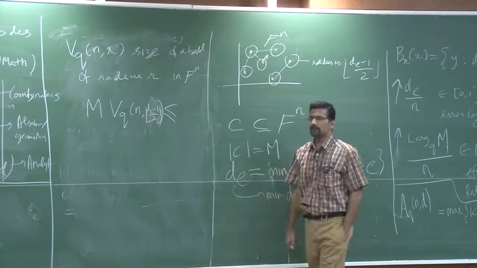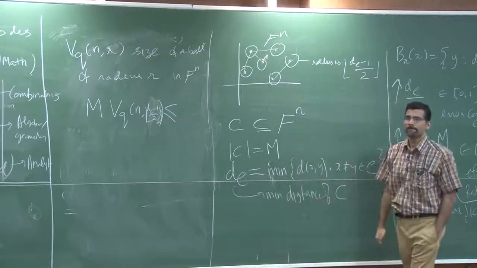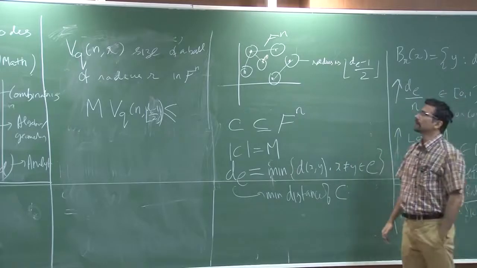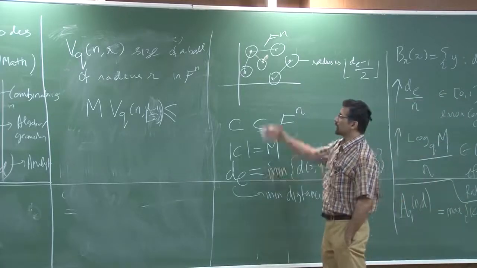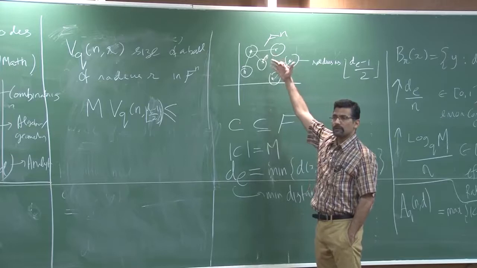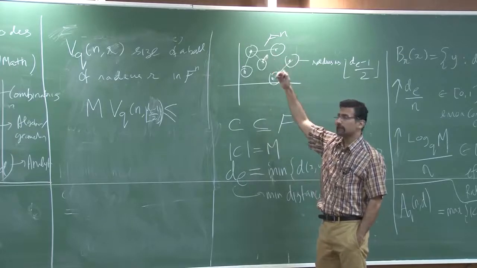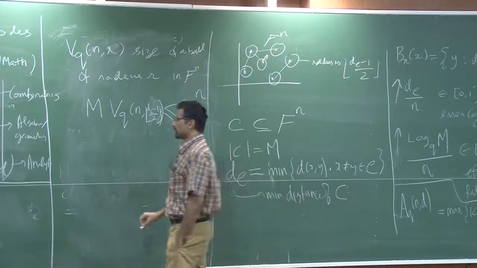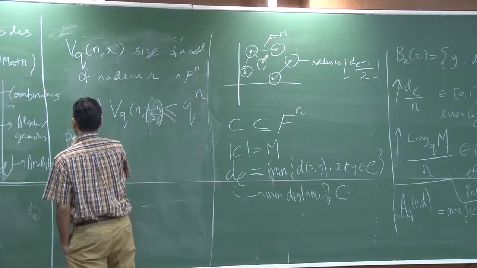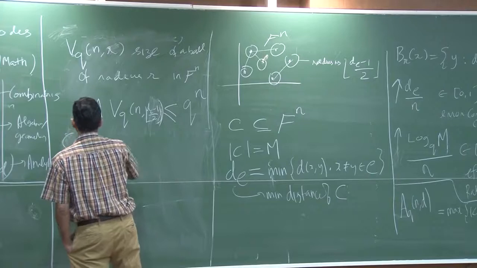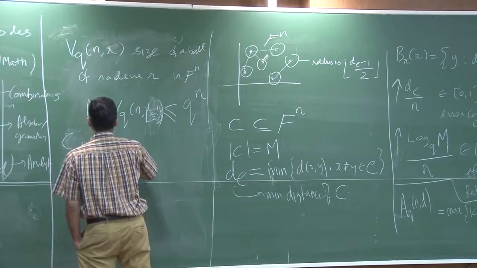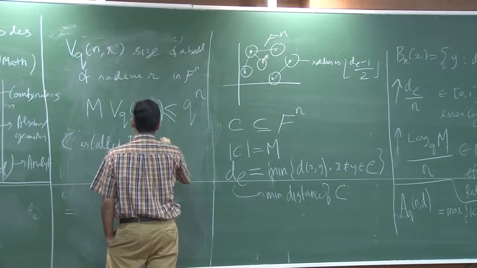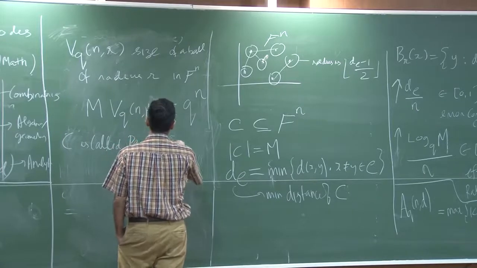This is less than or equal to what? Yes, because this is a disjoint union of balls, so it's a subset of the ambient space. The ambient space has size q to the n. So it's a perfect code. C is called perfect if equality holds.